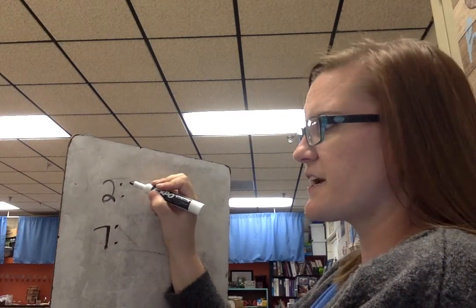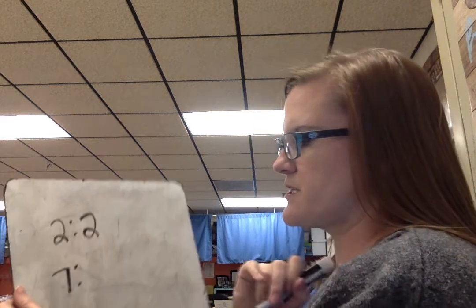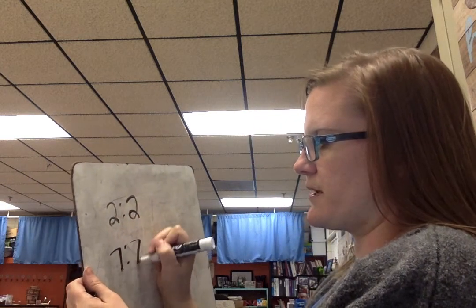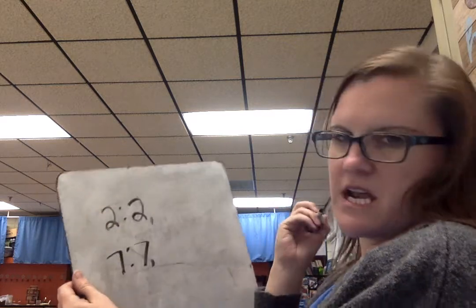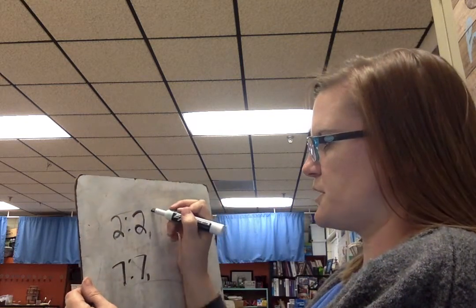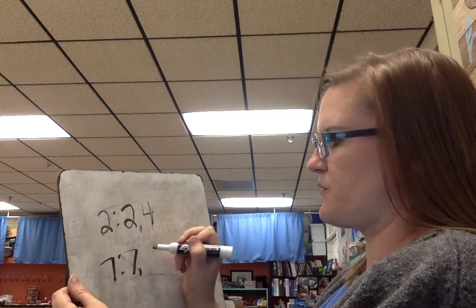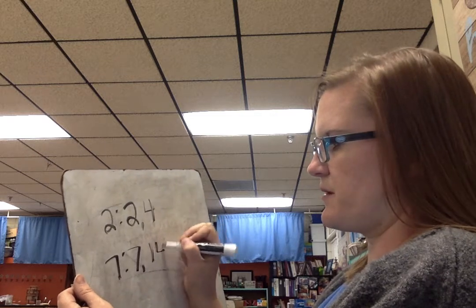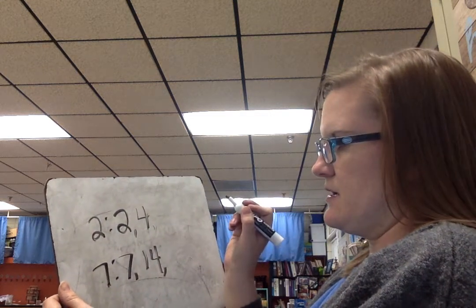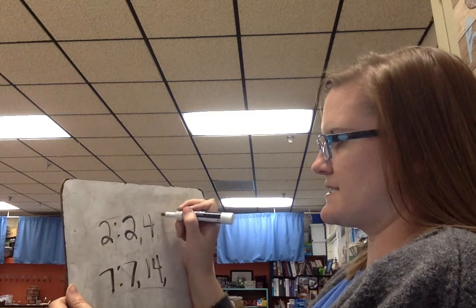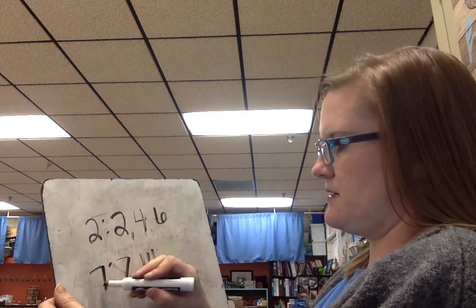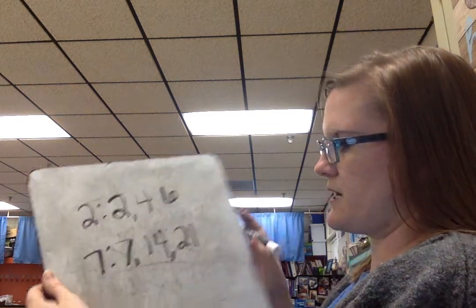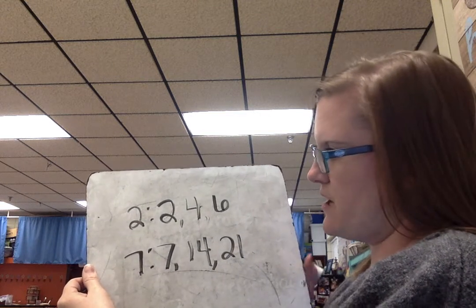So if I start here, I have a 2, because 2 times 1 is 2. First multiple of 7 would be 7. So far, none in common. Next one for 2 would be 4, because 2 times 2 is 4. Next one for 7 would be 14. Next one for 2 would be 6. Next for 7 would be 21. I see I still do not have 1 in common.